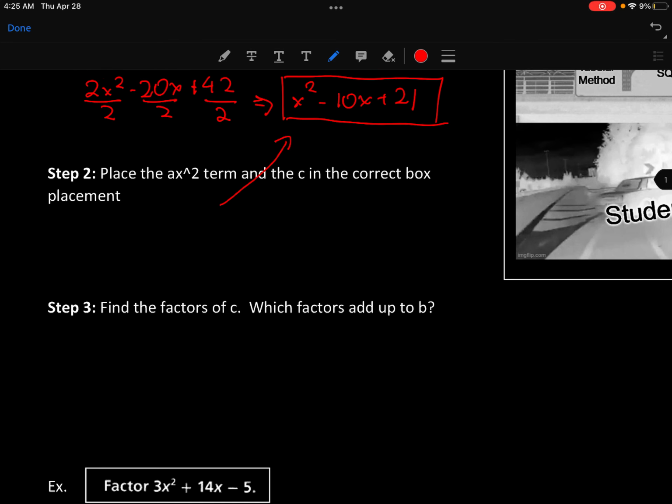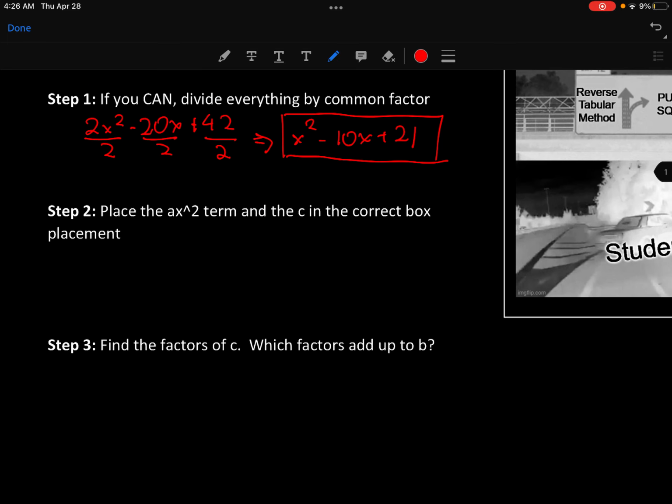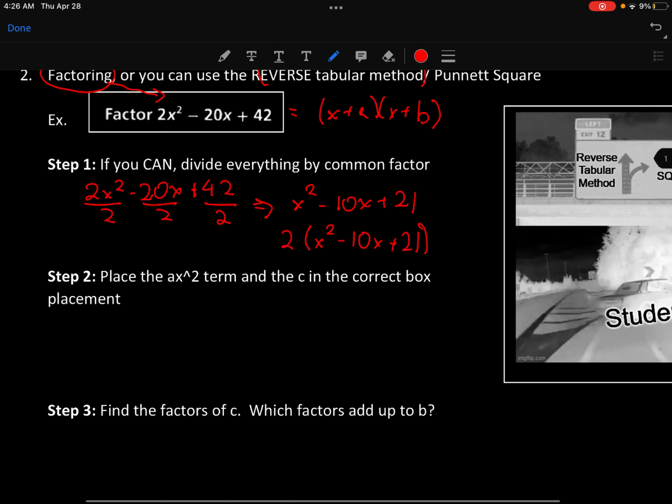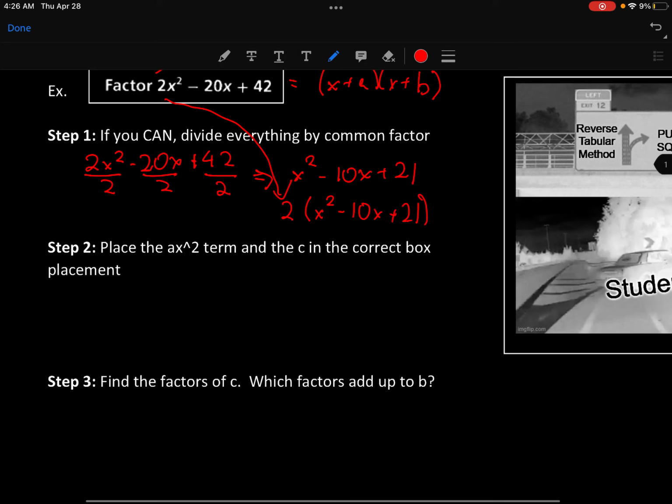Oh, by the way, don't do what I just did. Instead of what I just wrote down, it's preferable that you write it as 2 times x squared minus 10x plus 21. Don't get rid of the 2 quite just yet. Leave it outside of the parentheses, and that tells you that you divided by 2 from every single term.